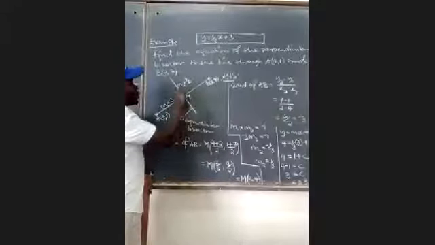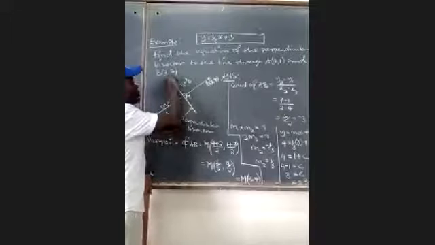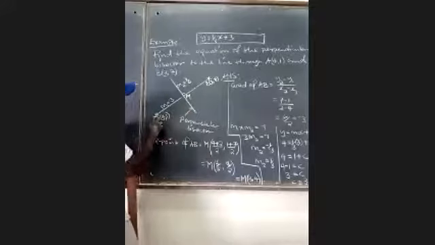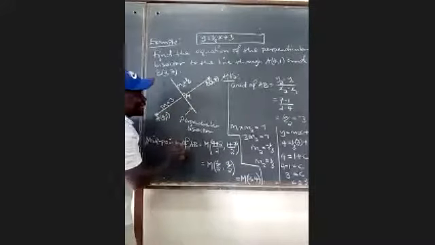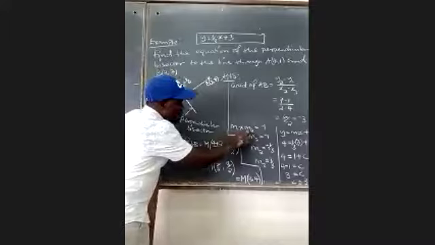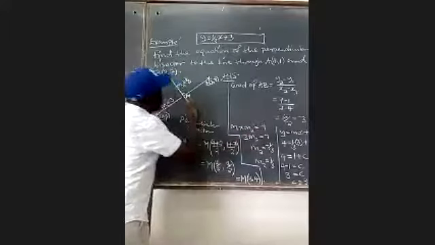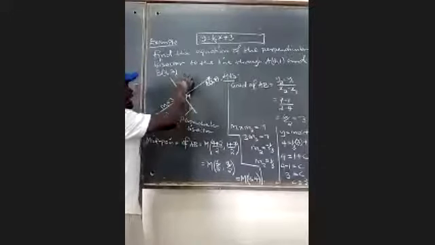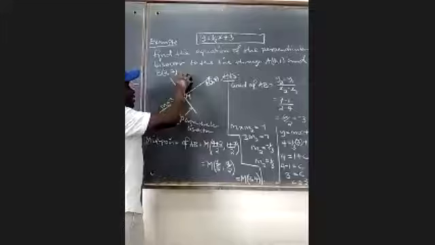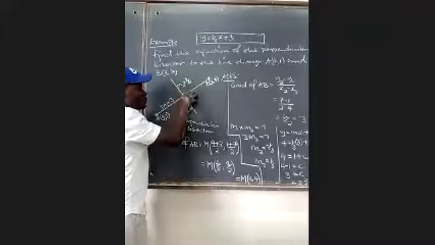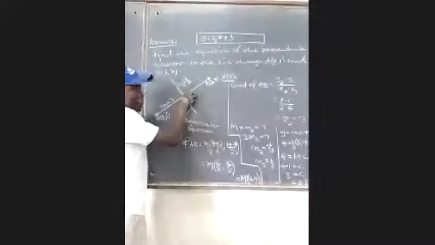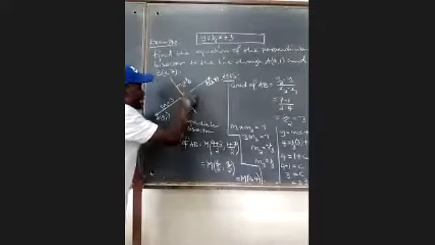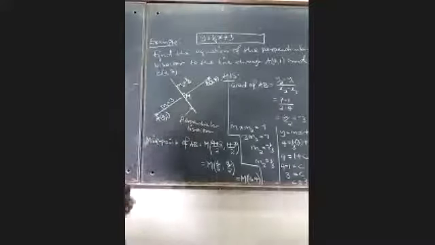After the midpoint, we have to look for the gradient of this line. How do we get the gradient of that line? We need the gradient of AB. Then we use M1 times M2 is equal to -1 to get the gradient of this bisector, which is M2. After getting the gradient of the bisector, and already having the point on that perpendicular bisector, which is M, we can get the equation of this line using this point and the gradient of that line.